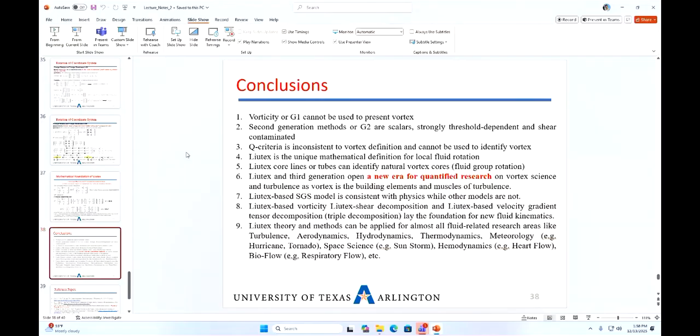Mutex is the mathematical definition for local fluid rotation, unique. People may not agree. Unique? Only one? Forever? If you can find two, give them to me. I defined it: the rotation axis cannot be stretching, and stretching cannot rotate it. We define this. If you have a second definition, give it to me. This is unique.